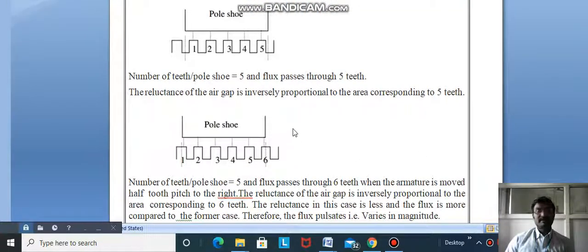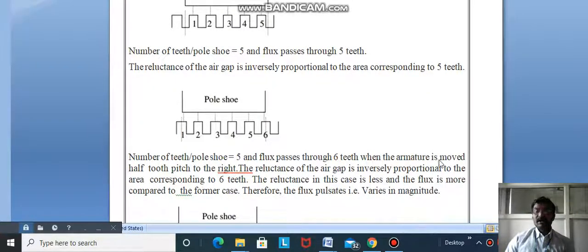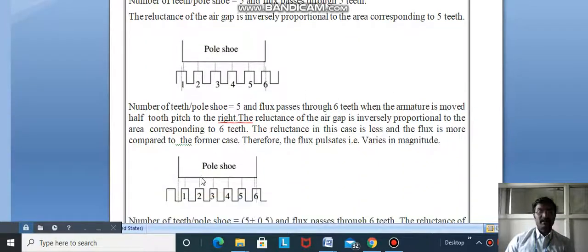When you come to this diagram, it is 6. The number of teeth per pole is 6, and the flux per tooth will change as the armature is moved by half a tooth pitch to the right. The reluctance of the air gap is inversely proportional to the area corresponding to 6 teeth.